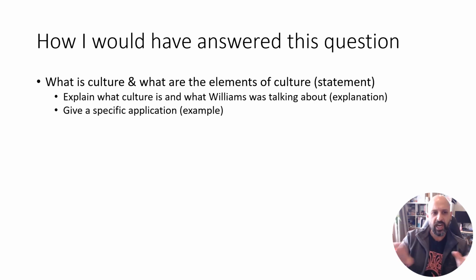Explain what culture is and what Williams is talking about. This becomes super complex because when you have different elements of culture and many of them are unseen, that becomes really difficult for you to understand what culture is, what we mean by culture, how that is manifest in the real world, how we express our culture, and given a specific application.